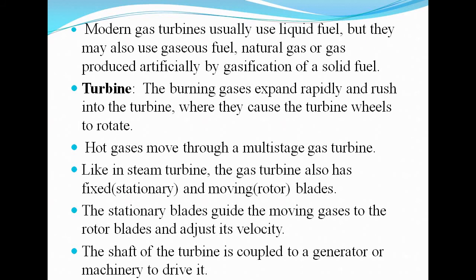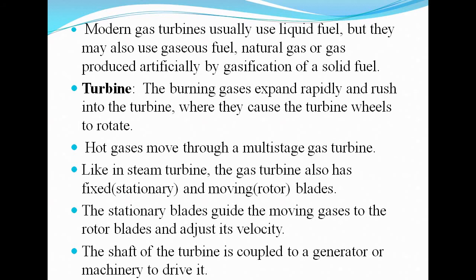Hot gases move through a multi-stage gas turbine. Like in a steam turbine, the gas turbine also has fixed or stationary blades and moving rotor blades. The stationary blades guide the moving gases to the rotor blades and adjust their velocity.